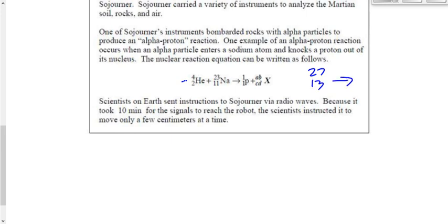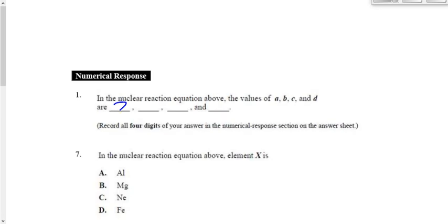On the right-hand side, 1 plus 26 is 27. 1 plus 12 is 13. So my answer is going to be 2612. Fill that in right here. 2612. Element X is going to be magnesium, is it? Atomic number 12 is magnesium from my periodic table.